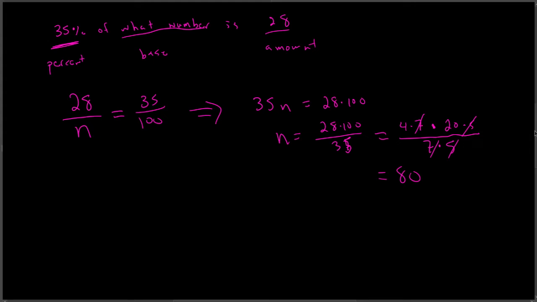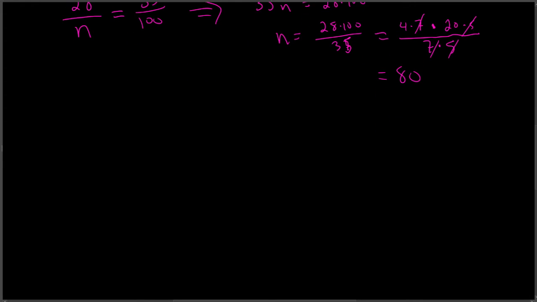Let's look at another one here. So I have 120 is what percent of 360? Now notice my of links the percent and the base. And then on the other side of the is the amount.